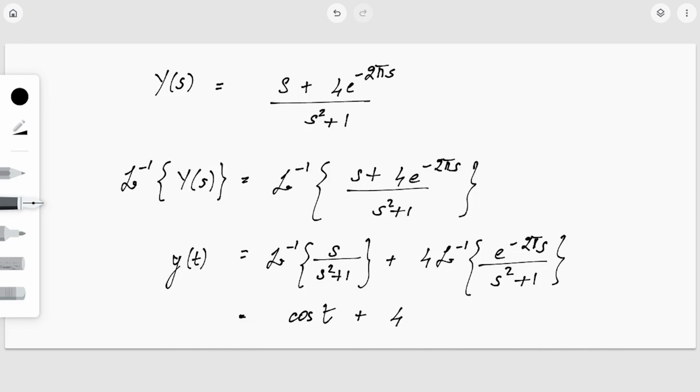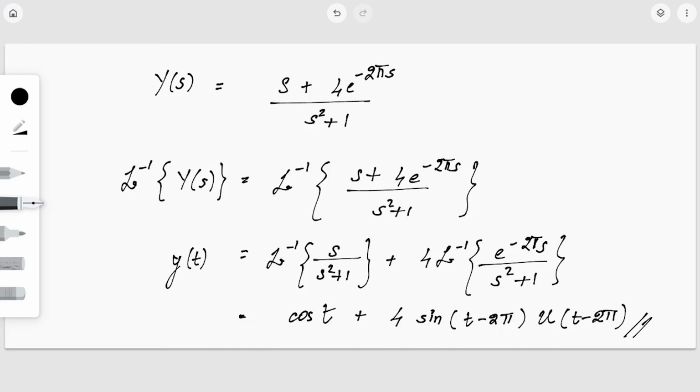Here we'll apply the inverse Laplace transform of the unit step function, right? So sine of t minus a, here a is 2 pi, into the unit step function of t minus 2 pi. So this is our solution. You can substitute the value of t minus 2 pi here and write it in a simpler form.